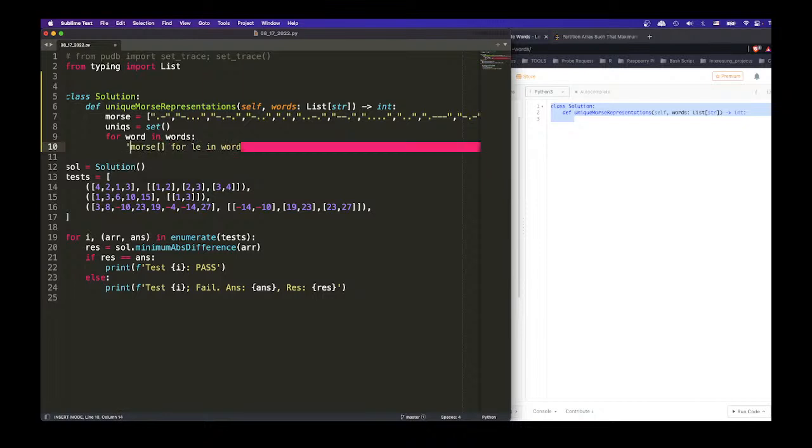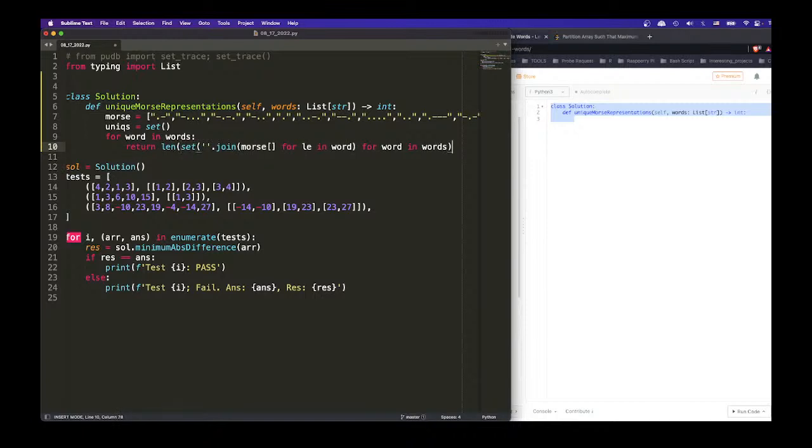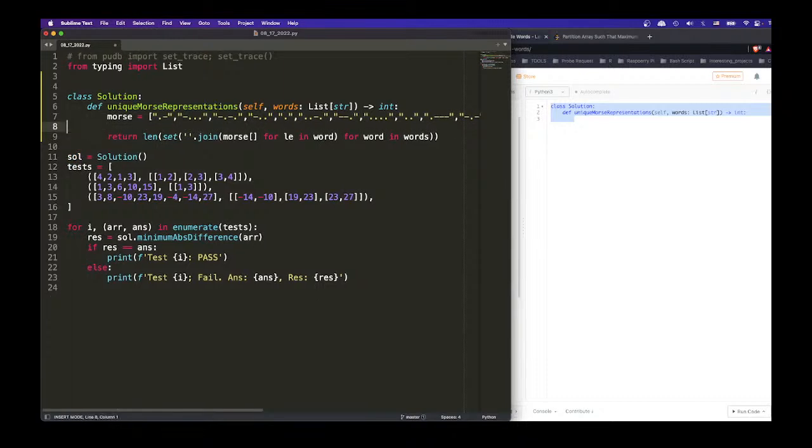And this thing we join, and we can say set of this for word in words. Actually, join, we need this. Right, and now we just return the length of this. Oh, now we don't even need this. Alright, so the only logic we need to handle is this thing.